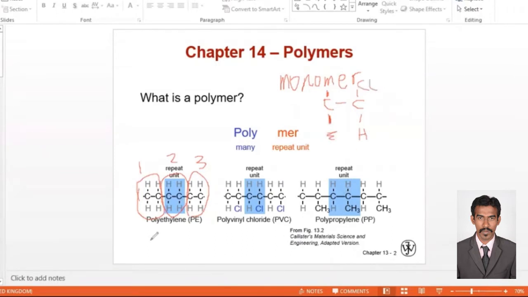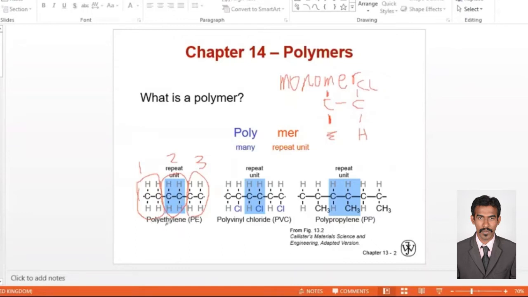All right, so let's come back to this polyethylene. This C2H4 is the monomer which is going to repeat again and again. A number of ethylene units join together to make a lengthier chain, which is called poly of that particular monomer.